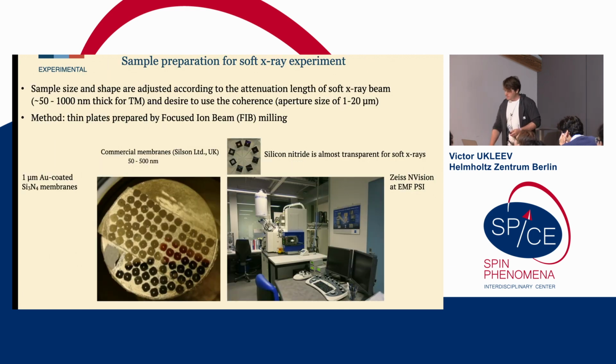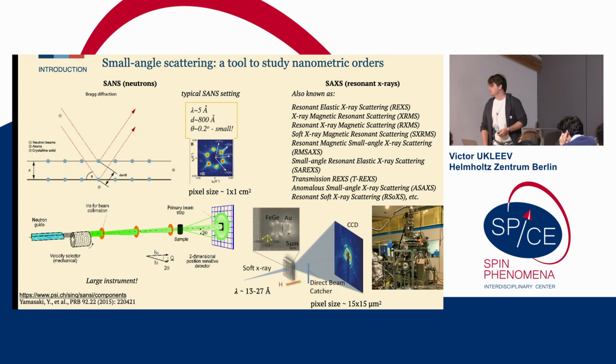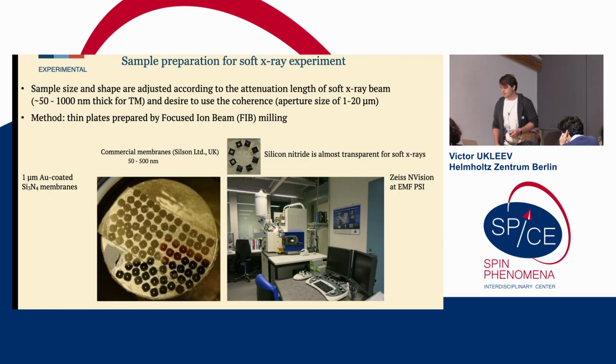On the other hand, because of these long wavelengths, you have large absorption of soft X-rays, so you have to really make the samples thin. And how can it be done? In the case of single crystals, you can deposit them on substrates that are transparent for the X-ray beam. For this, silicon nitride is typically used because it's mechanically robust and also quite transparent in the soft X-ray regime.